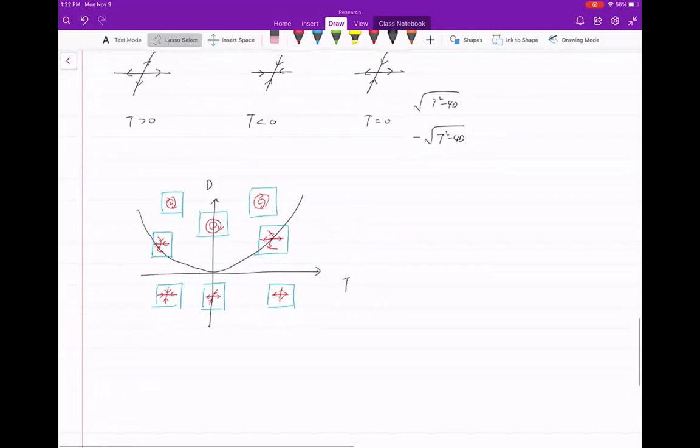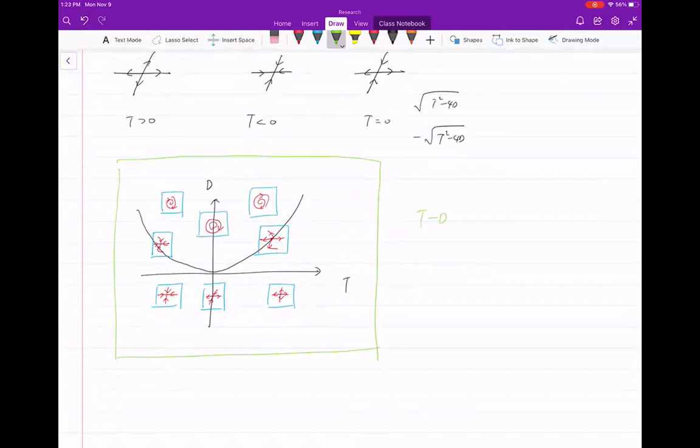That is the final thing. The TD plane for any first order linear system with constant coefficients.